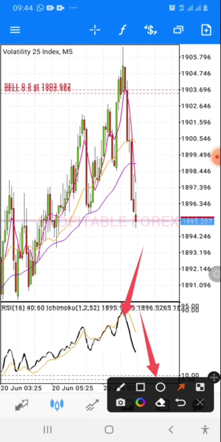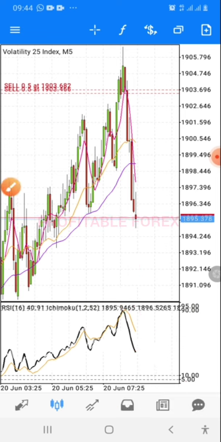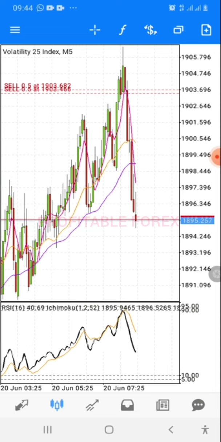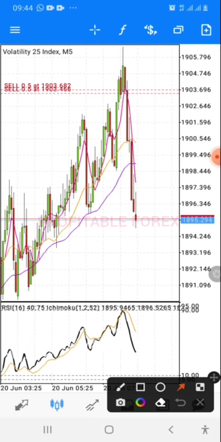Though it might not be a straight sell, sometimes it might reverse a bit somewhere here before coming down again. Sometimes it might go down like this, and when it gets here, it might reverse before coming down again.